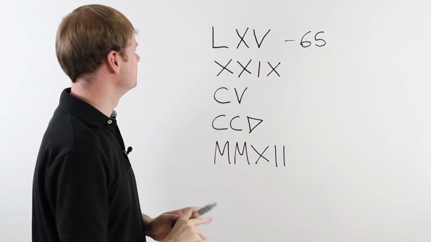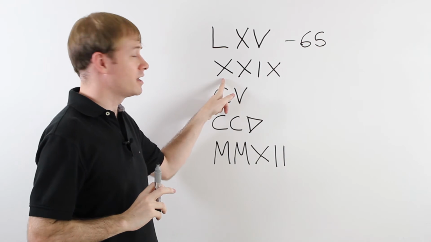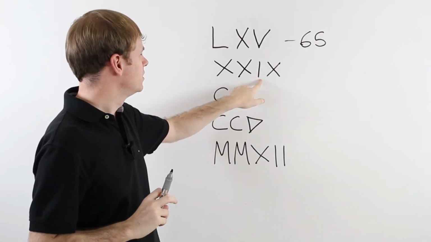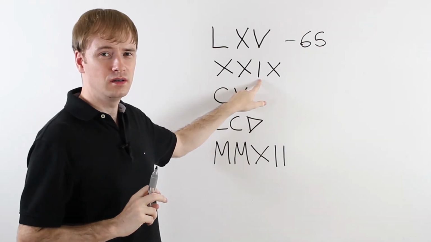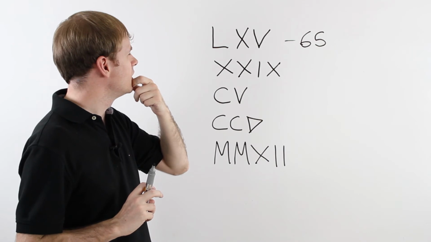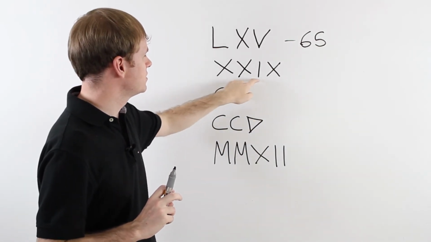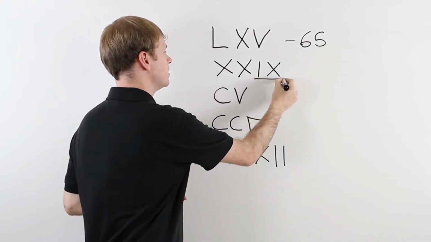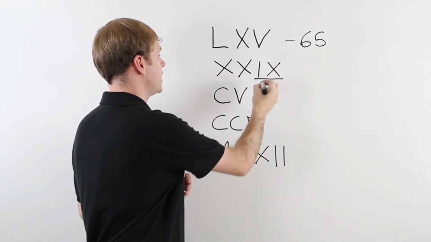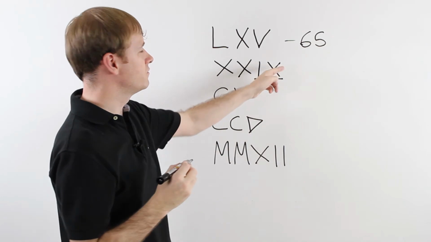All right, the next one. XXIX. Well, we know X is 10, and XX, 10, 10, 20, and 1, 21, X. Oh, this is confusing. First, we have to look at these. Okay, what is this number? IX. Well, IX is 9. 1 before X is 9.